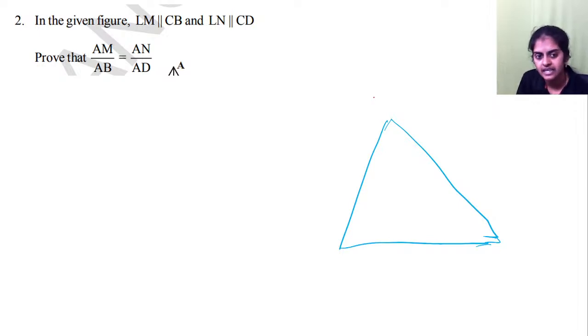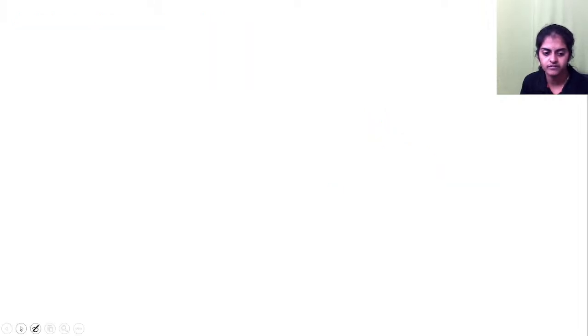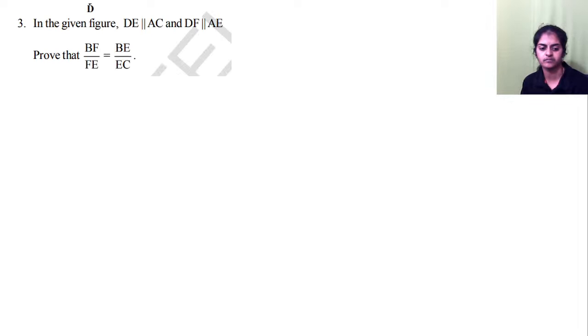Okay, if this is A, B, C, suppose I have a line LM parallel to CB, and LN is parallel to CD.